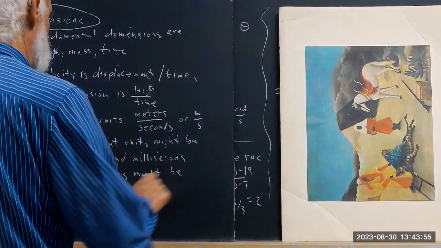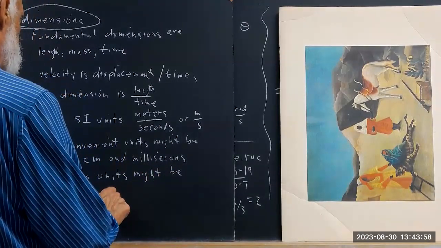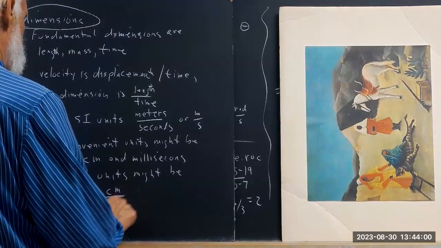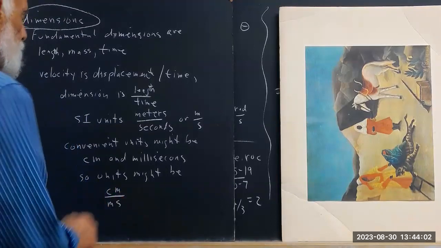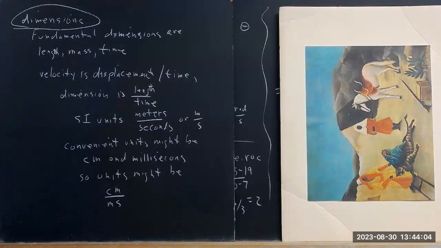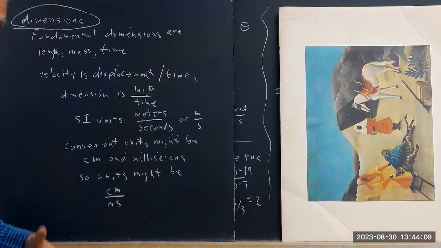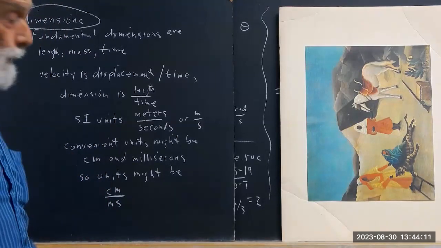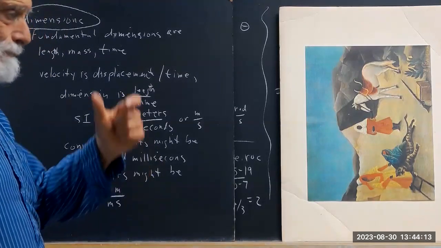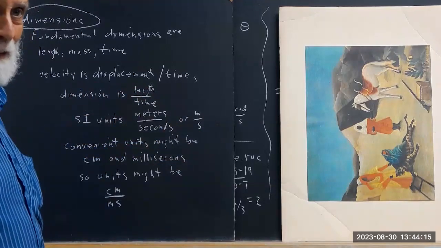The units might be centimeters over milliseconds. That's not meter seconds. If it was meter seconds, you'd have a dot to indicate it's meters times seconds.